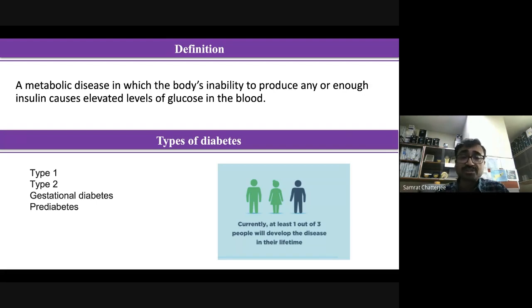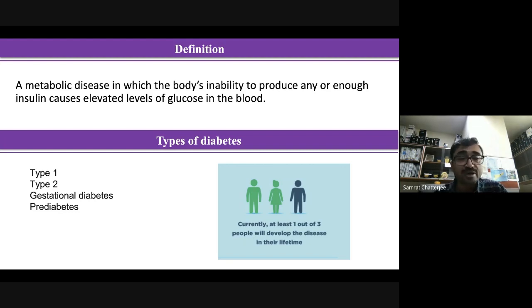What does glucose do in our body? It goes from the blood to different cells, and using that glucose, different cells function. Now the problem is that in some cells, the entry of the glucose into the cell depends on the insulin. And in those cells, we call it insulin resistance.